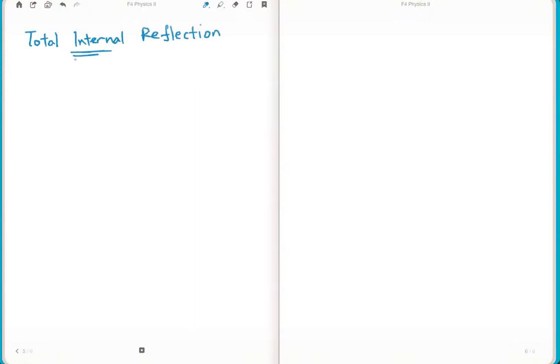What does it mean by that? It relates to light, and nowadays we have fiber optic technology. So let's look at it.